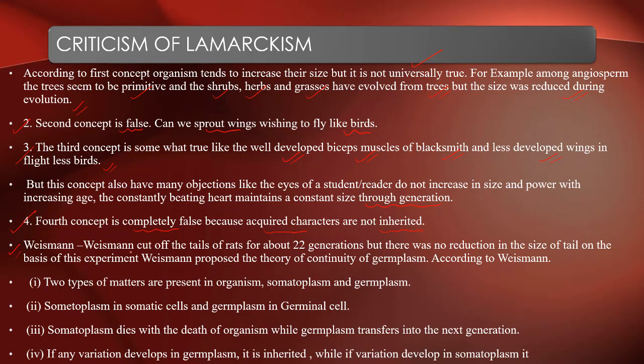Weismann cut off the tails of rats for about 22 generations, but there was no reduction in the size of the tail. Because the generation of a rat is due to the presence of a particular segment of DNA information, and that information is passed through the gamete, not by the tail.